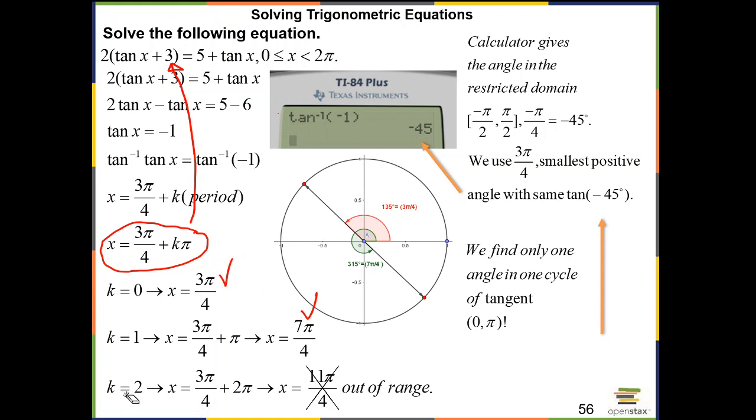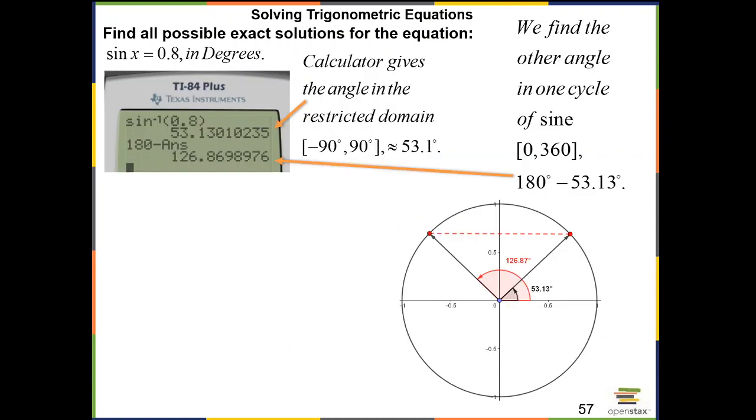When k equals 2, we get 11 pi over 4, which is bigger than 2 pi, because 8 pi over 4 is 2 pi, that's 11 pi over 4, so we don't use it. It is a solution, but we don't use it because we are told to find solutions only in this interval. All right, and that's how we solve the equation that involves tangent.